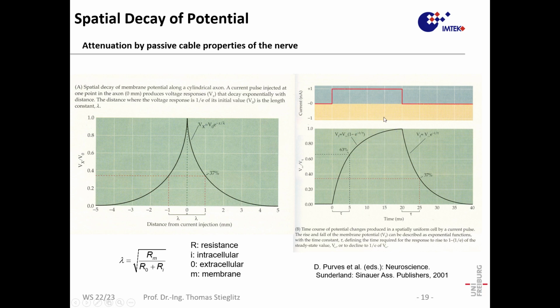This is just another slide showing the same content but in different colors. If you would have here that current step function, current on, current off, you would say, oh, here we have a time; we have a 63% rise time, and the decay time here is then 37%, that's the remaining part from the 63 to 100%, and thereby we can describe the membrane property over space and over time.